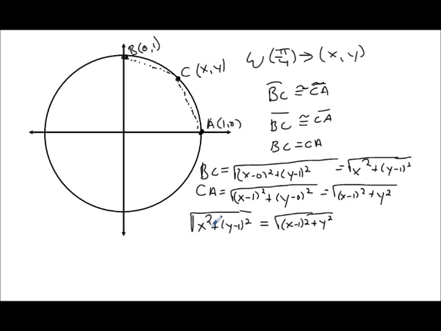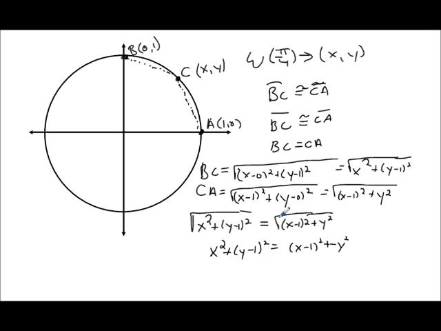Now let's try and come up with a relationship between x and y. So solve for x or for y. And let's just do some math. Well, let's undo the radical, so square both sides. You might be asking, well, could we have just said the length BC squared equals x minus 0 quantity squared plus y minus 1 quantity squared?